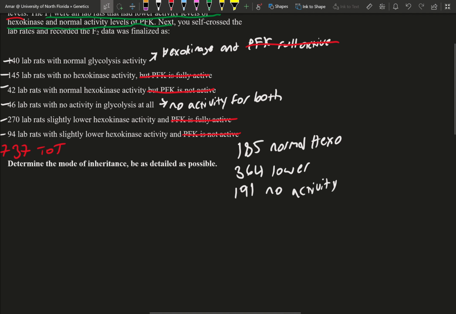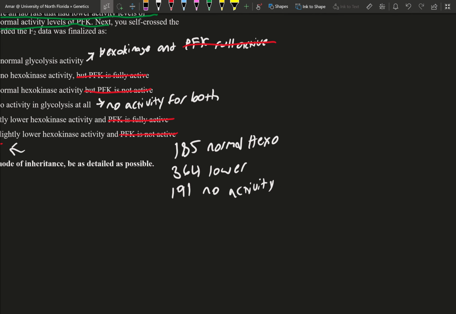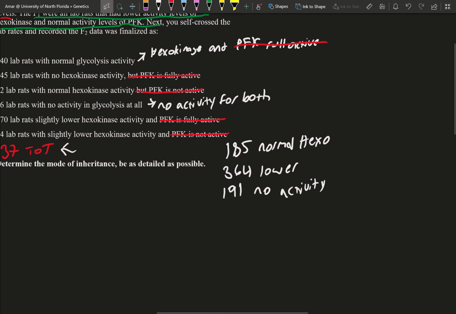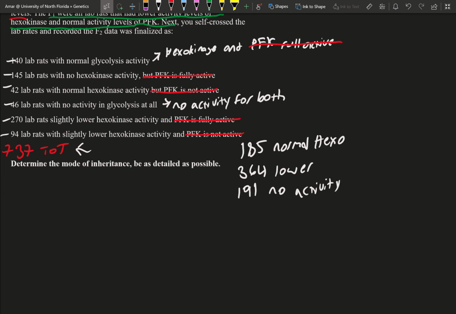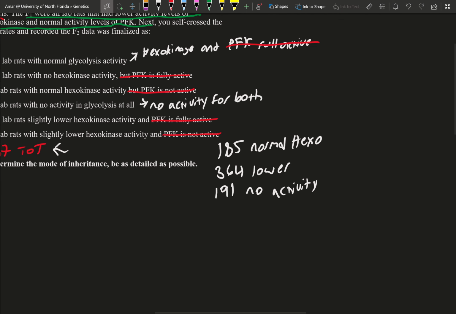And so now what we're going to do, same thing, we're going to figure out the ratios for this, and we're going to use the total that we have over here. So to figure this out, it's essentially 185 divided by 737. We're going to multiply that by 4.